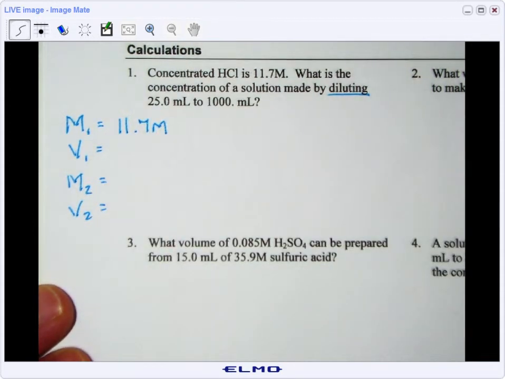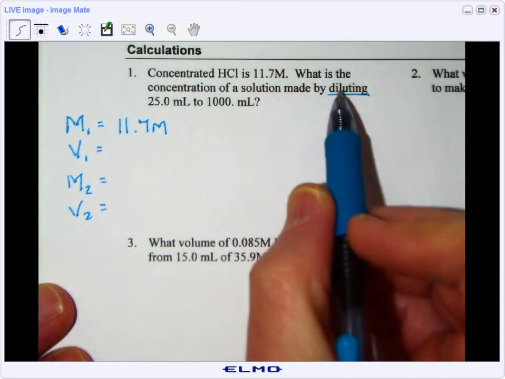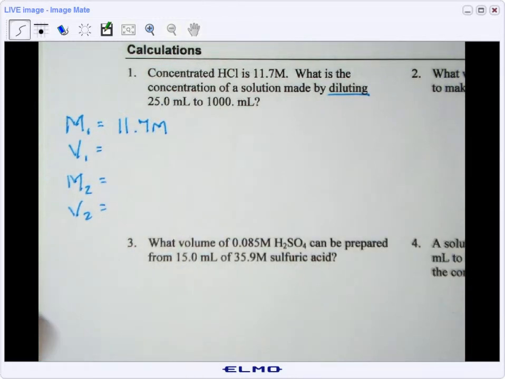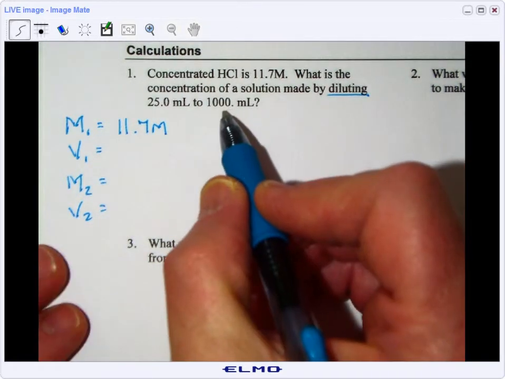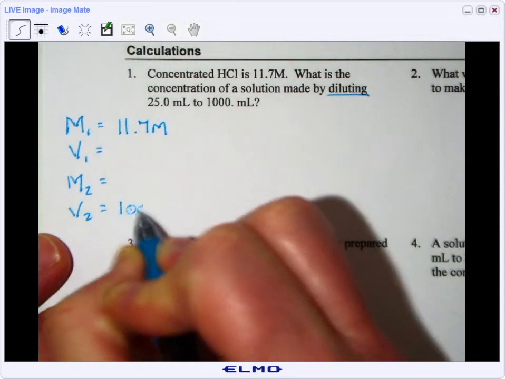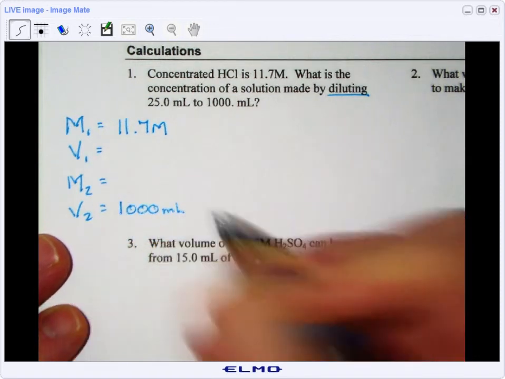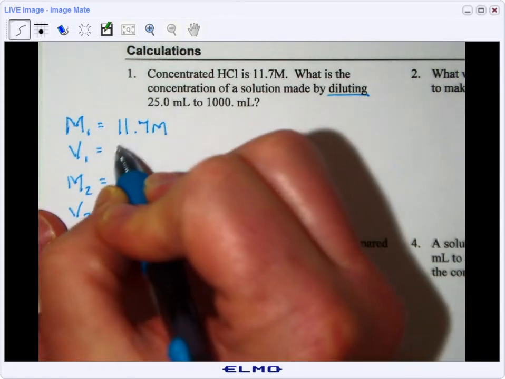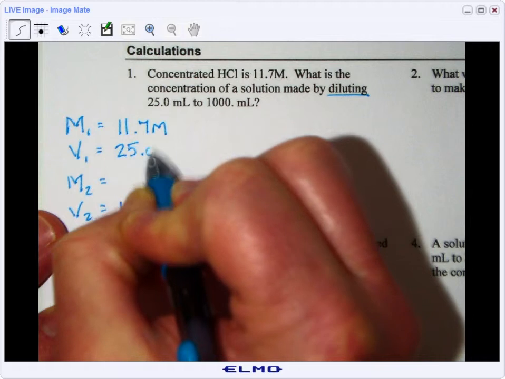Okay? It even tells me that. And it tells me I'm watering 25 milliliters down to 1,000. Well, if I'm making something that's more dilute, the more dilute one is going to be the larger amount, right? So that means my V2 would have to be 1,000 milliliters, and my V1 would be the smaller volume, 25 milliliters.